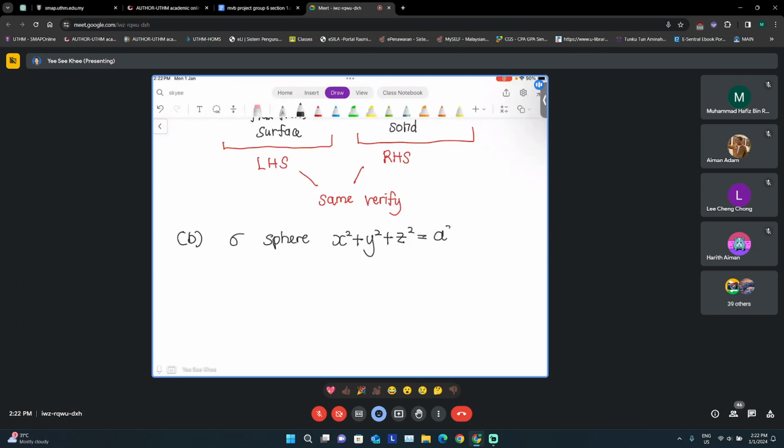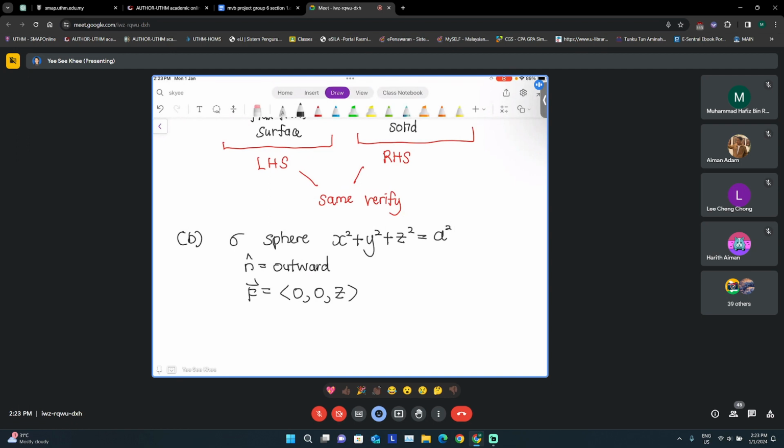So a squared represents the radius squared of this sphere, oriented outward. I just record this as outward. And F is equal to (0, 0, z). So this is the force field.